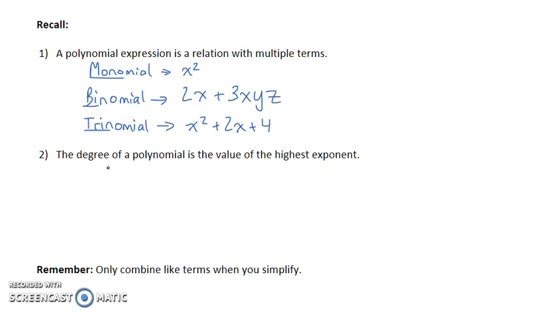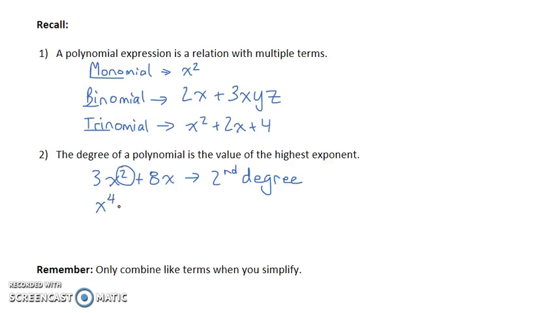The second thing we want to remember and recall is the degree of a polynomial is the value of the highest exponent. So let me give you two examples. 3x squared plus 8x, well, this has a degree of 2, or it's a second degree polynomial, because the largest exponent is x squared.